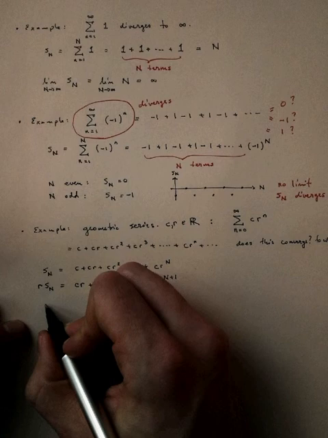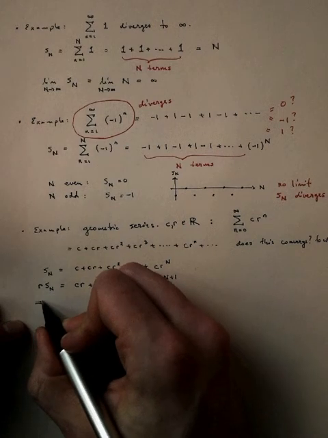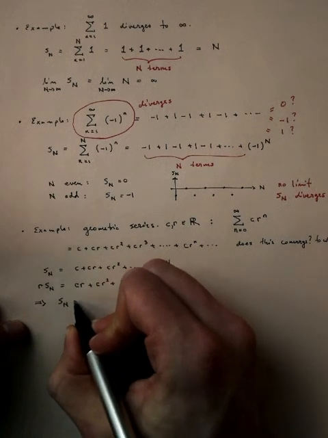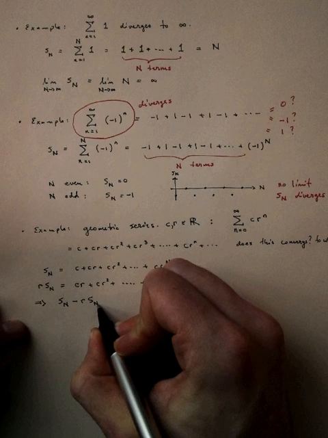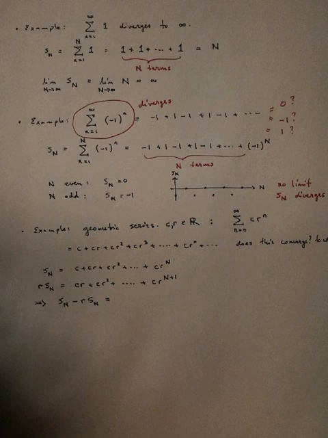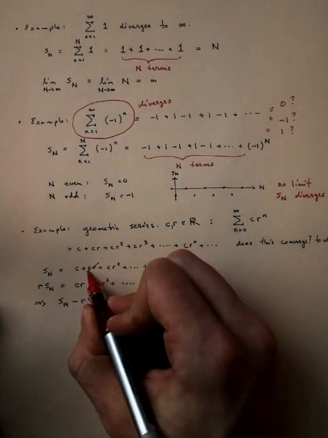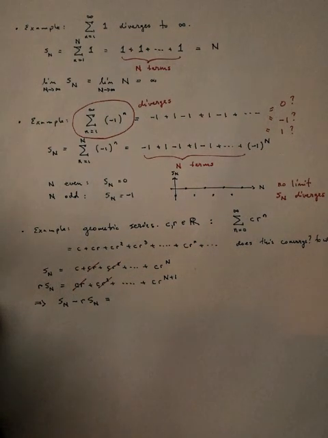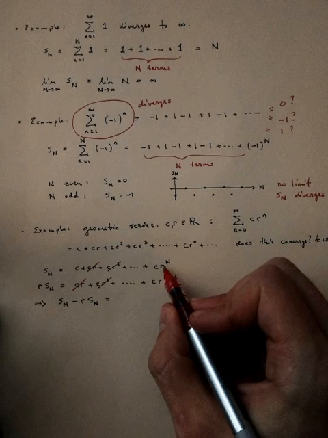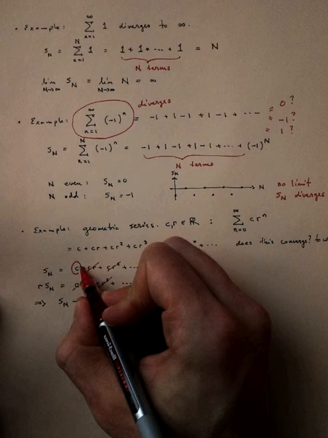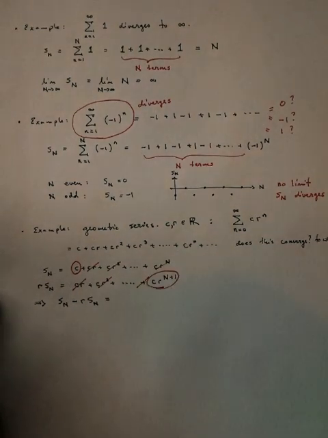Now look what happens when I subtract them. So Sn minus r Sn is equal to, well, when I subtract them, this is going to cancel with this, and this is going to cancel with this, and everything's going to cancel out. Even this is going to cancel with the one previous to it. And all I'm going to have left is this and this.